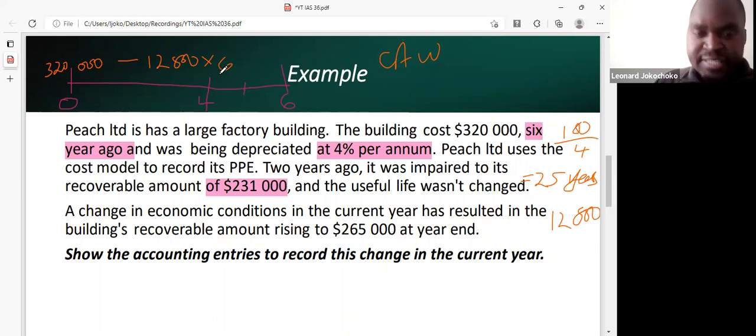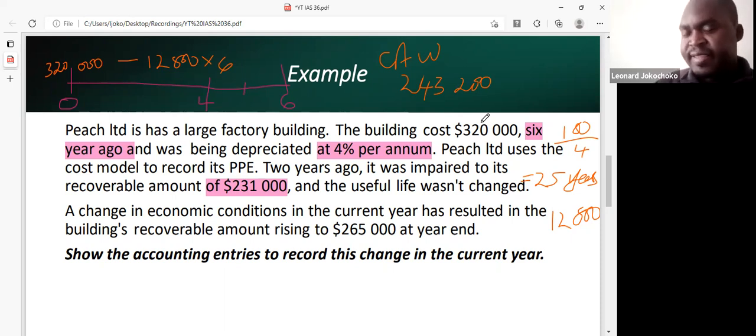Therefore, my depreciation for those 6 years is 76,800. 320,000 minus 76,800 gives my correct carrying amount, which is 243,200. If we had not impaired this asset, our carrying amount without impairment is 243,200.